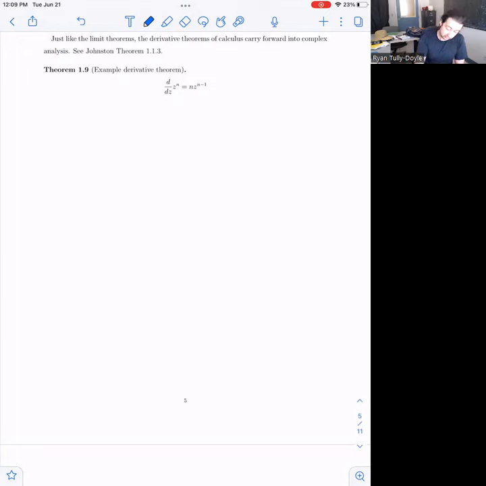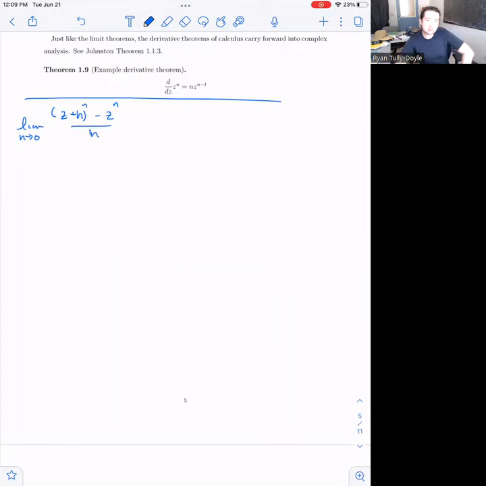Okay, so let's just start by writing down the difference quotient. The limit as h goes to 0 of (z plus h) to the n minus z to the n over h. And this is actually going to require that you know the binomial expansion.